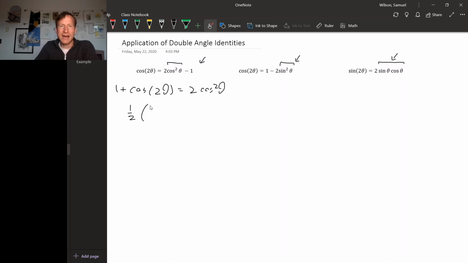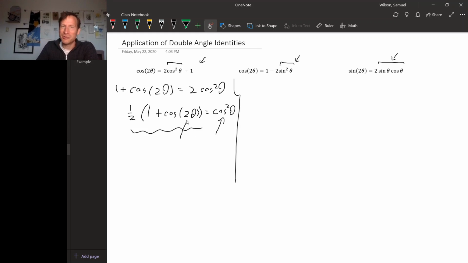You'd get 1/2 (1 plus cosine 2 theta) equals cosine squared theta. And that's sort of interesting. That gives you a way to interpret what the square of cosine is. It turns out that it's just a shifted and stretched cosine curve. So squaring cosine just gives you another cosine, although with a different period, which is a little interesting.